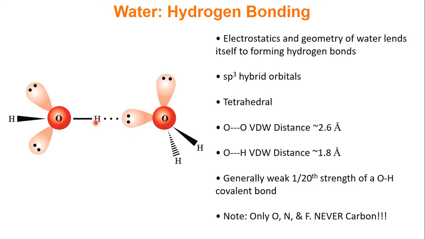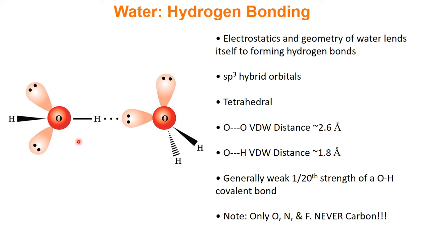Generally, the distance between a hydrogen and the heavy atom it's bonding with, in this case oxygen, is roughly 1.8 angstroms. And an angstrom is a common measurement in biochemistry. It's 1 times 10 to the minus 10 meters. So it's very small, 0.1 nanometers. And in a hydrogen bond, if we look at just heavy atom to heavy atom, it's 2.6 angstroms. And when I say heavy atom, a heavy atom is basically anything that's not a hydrogen.